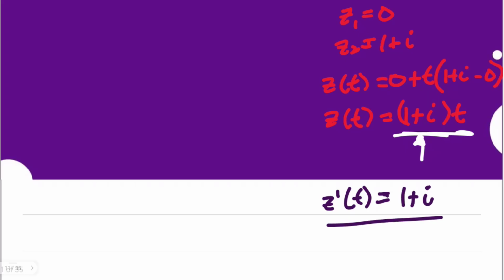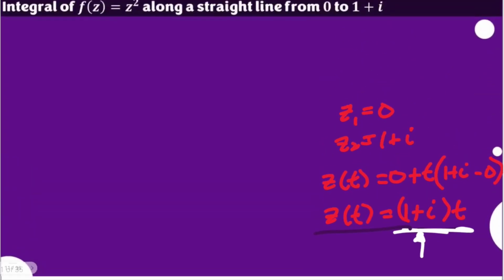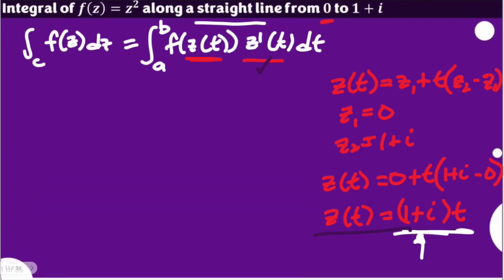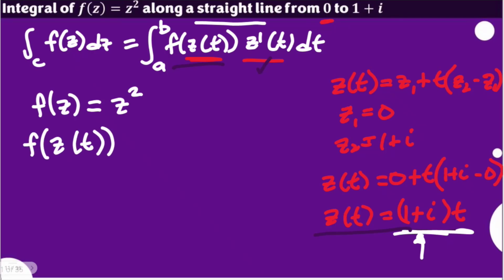Now we have this and we have this now. What we need to do is this one here, because this is not automatically to be substituted there. Our given function is actually not described rather as z squared. Hence, if this is changed into the parameterization of z of t, this would be equivalent to z of t squared.